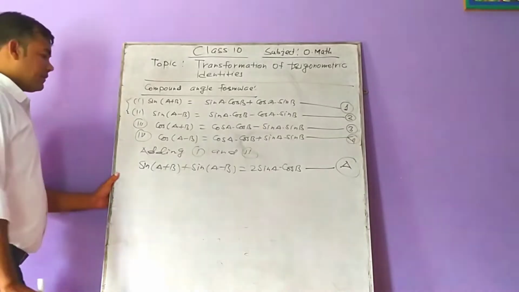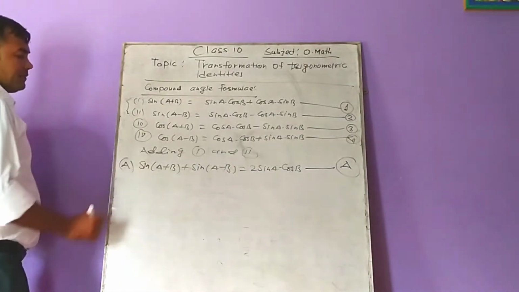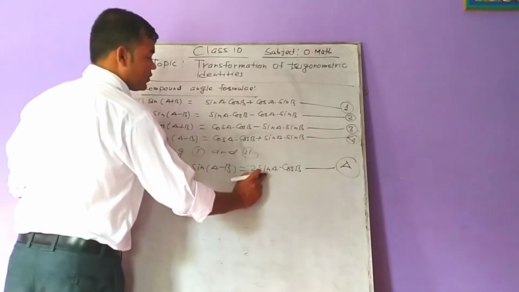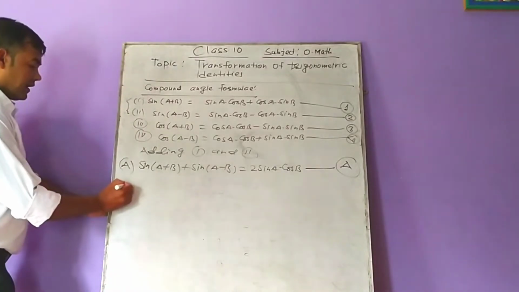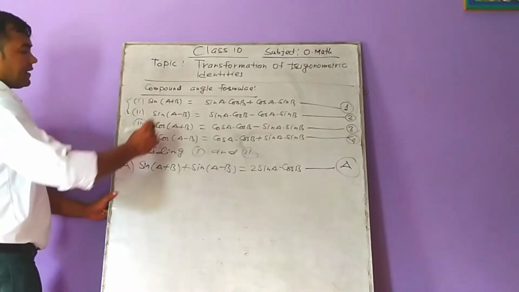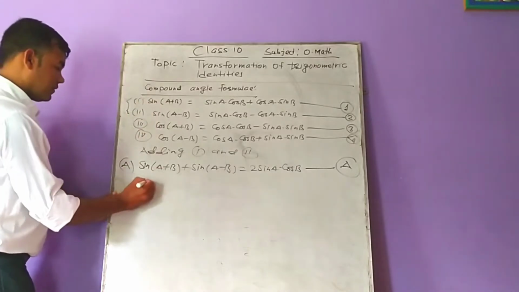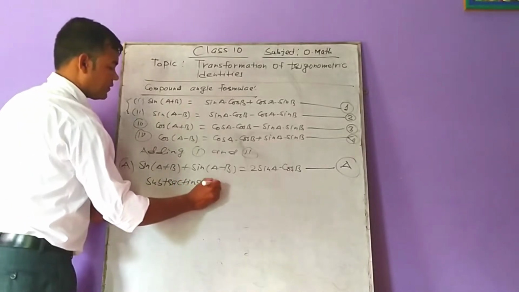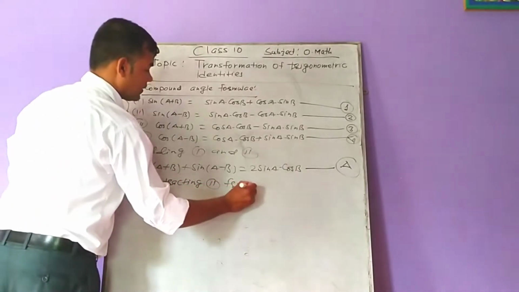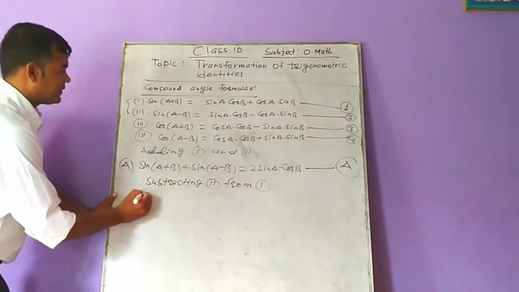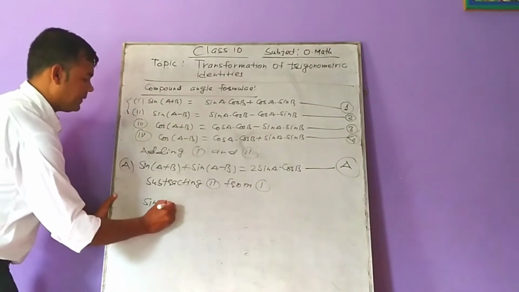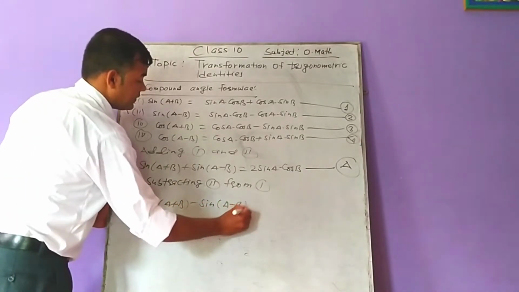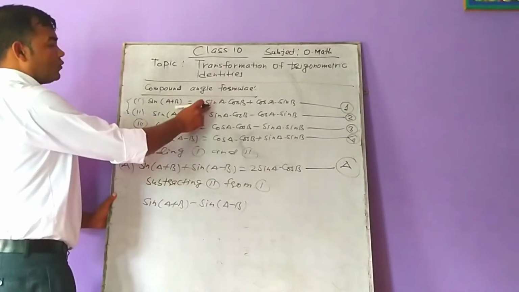So what we have derived here is sin(A+B) + sin(A−B) = 2 sin A cos B. Now, if we subtract 2 from 1, what we get is sin(A+B) − sin(A−B).